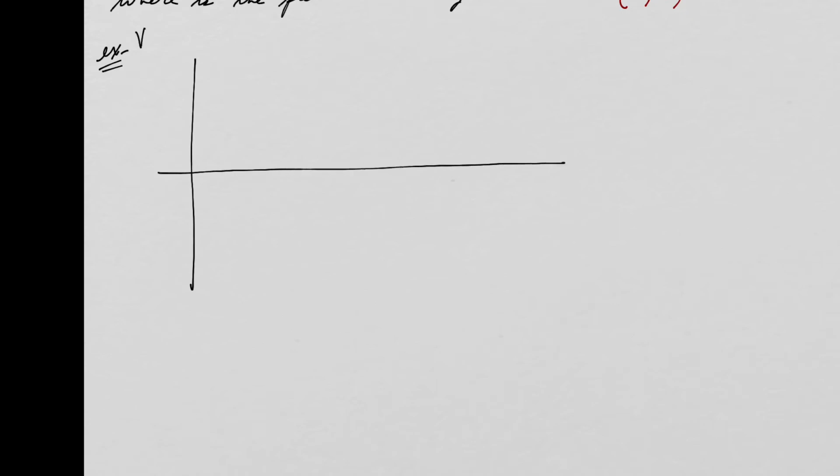So let's say this is velocity, meters per second, versus time in seconds. And let's say the graph looks like this.